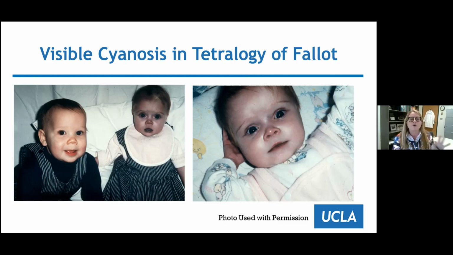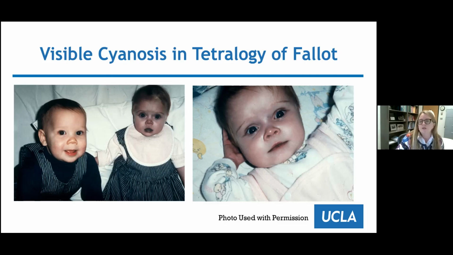You'll notice that the boy is a little bit larger than his sister. That's typically what we see in kids with cyanotic heart disease. They're often shorter and they often don't gain weight, so they plateau on their height and growth curves when they get assessed by their pediatric provider.